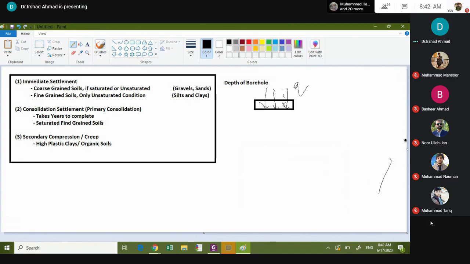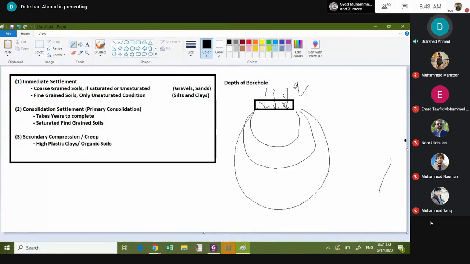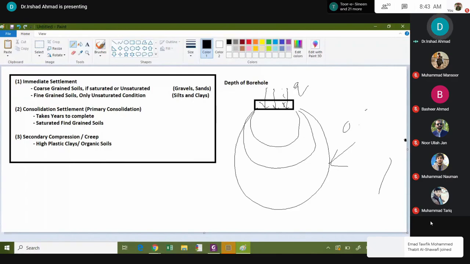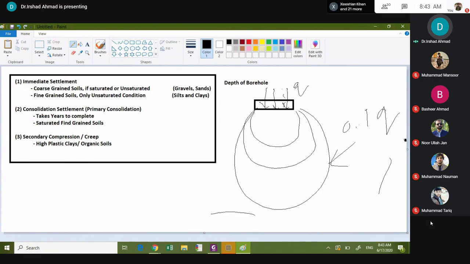Then you see the pressure bulb as you go down. As you go down, the intensity of the pressure bulb decreases. When it reaches, for example, 10% or 0.1 times Q, this is the depth which contributes significantly to the pressure.